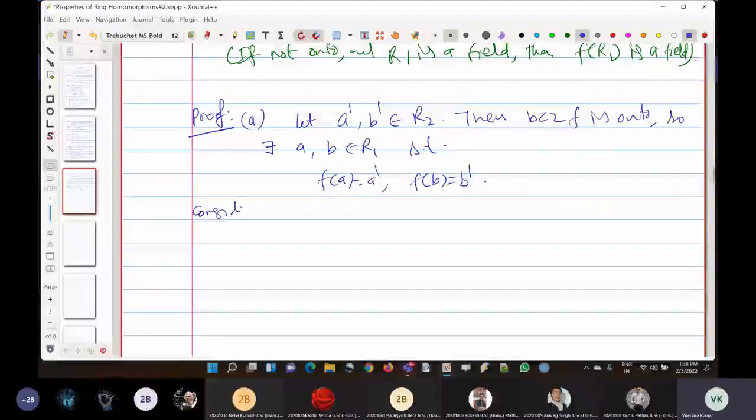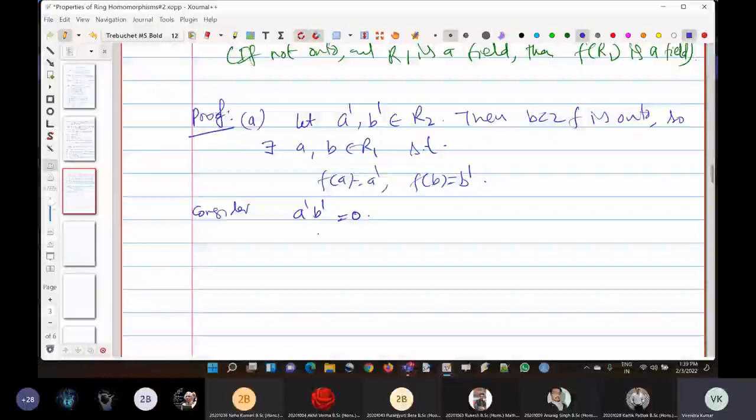Now consider A dash B dash, the product of these two, equals 0. Then we need to prove that either one of them is 0, because we need to prove that R2 is an integral domain. When the product of any two elements is 0, at least one of them is going to be 0, that is, it has no zero divisor.